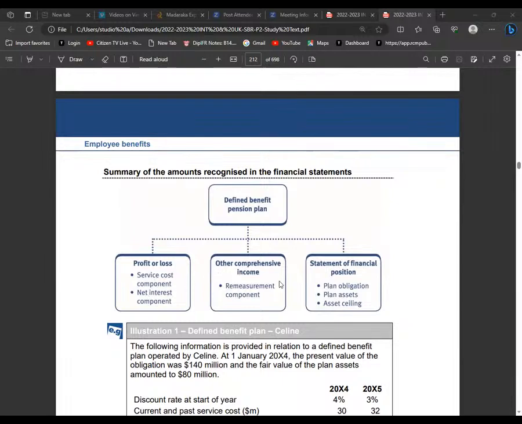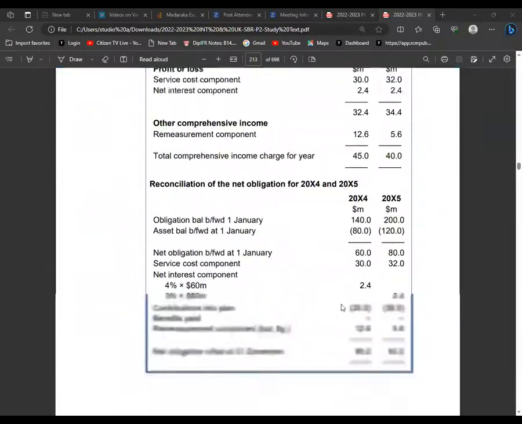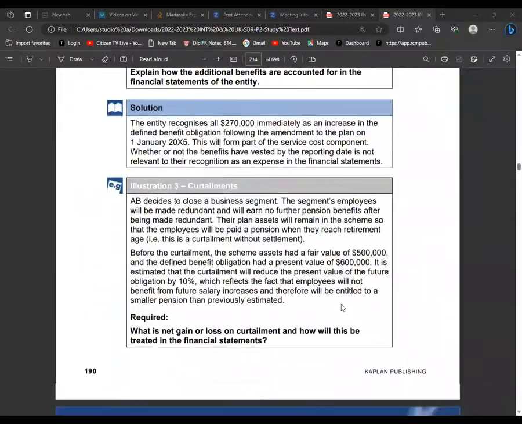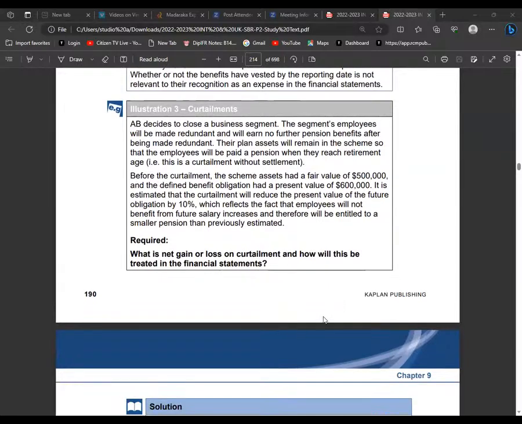Then we have other comprehensive income, where you take the remeasurement component, which is the actual gain. And then we have the statement of financial position: the plan assets, the plan obligation, or the net of it. And then we have what we call the asset ceiling. I will explain what the asset ceiling is later, after I finish tackling this curtailment. We'll understand by doing this question.